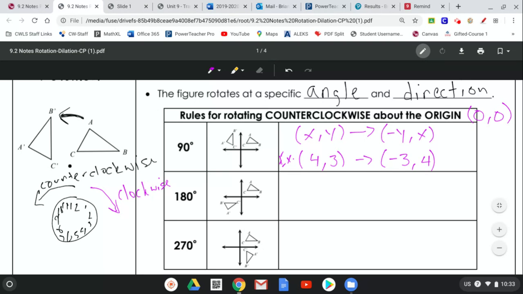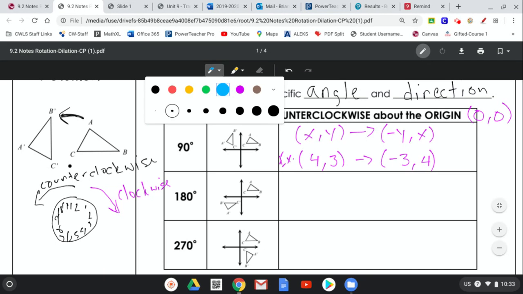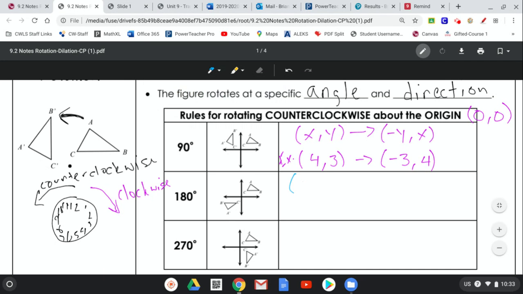Now, for rotating 180 degrees, think about how a straight line has 180 degrees in it, okay? So this is being turned in the other direction, all right? Turn 180 degrees. So for this one, again, we're going to have just the generic x, y. If we rotate it 180 degrees, now all of a sudden that becomes negative x, negative y.